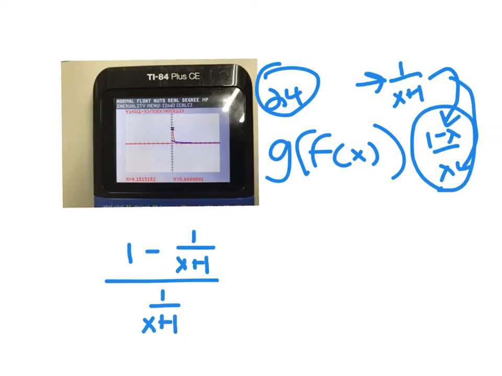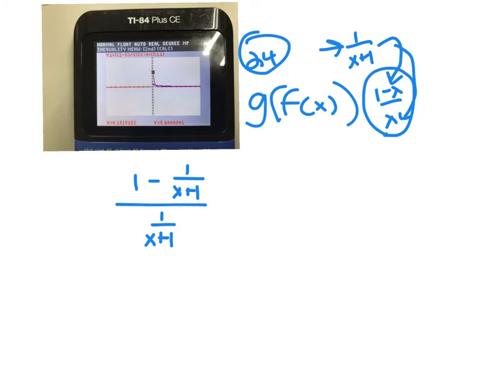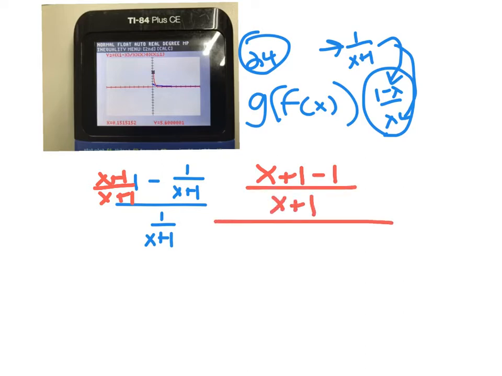So I've got a complex fraction. I've got fractions within a fraction. Super fun stuff, right? So I have to change the numerator so that it's one same denominator, which means on the left-hand side I have to make that x plus 1 over x plus 1. And then combine that into one fraction. So it would be x plus 1 minus 1 over x plus 1, all of that over 1 over x plus 1.